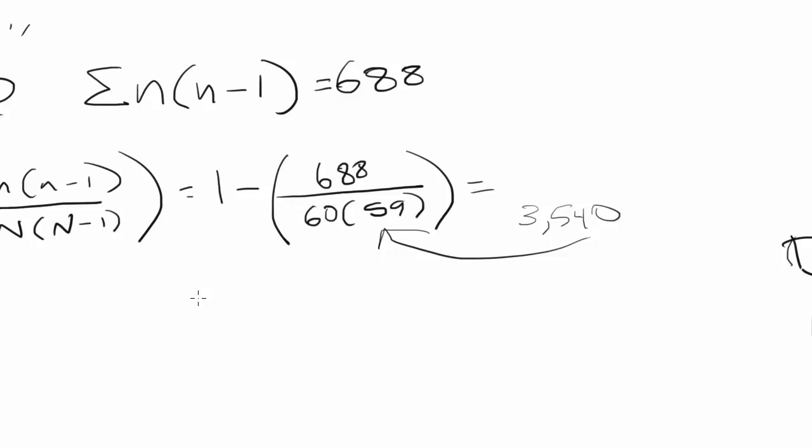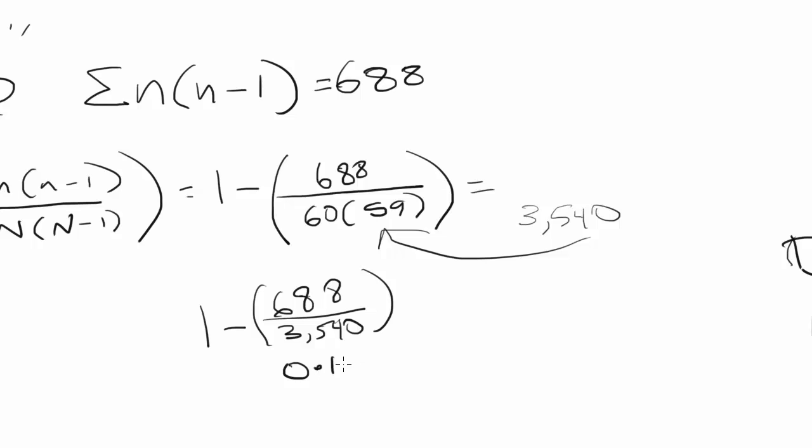So I'm going to go 1 minus 688 divided by 3,540. So 688 divided by 3,540, I end up with, inside of the parentheses, 0.194 continues. Don't forget the 1 minus.